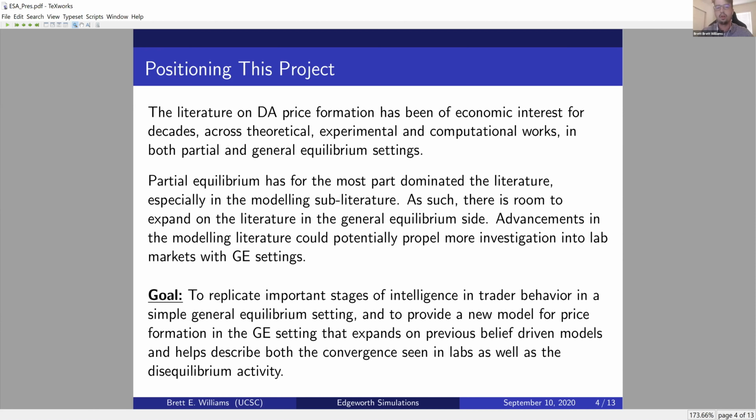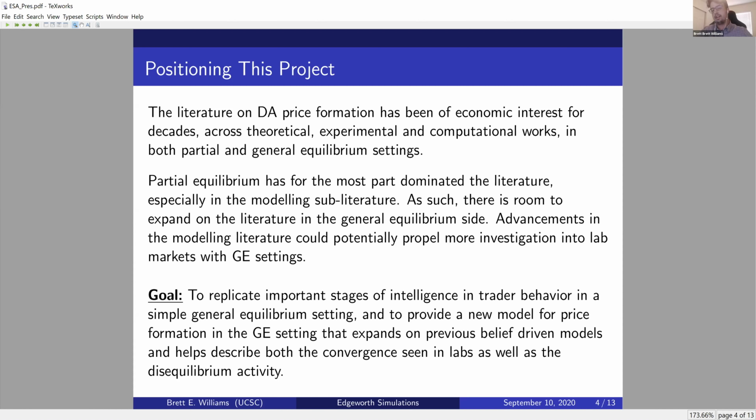However, like I mentioned, partial is going to be taking the front seat, especially in the modeling subliterature. So this leads me to believe that there's potentially some room for an expansion on the general equilibrium side, especially with going slightly more than zero intelligence. Minimal intelligence, I guess.